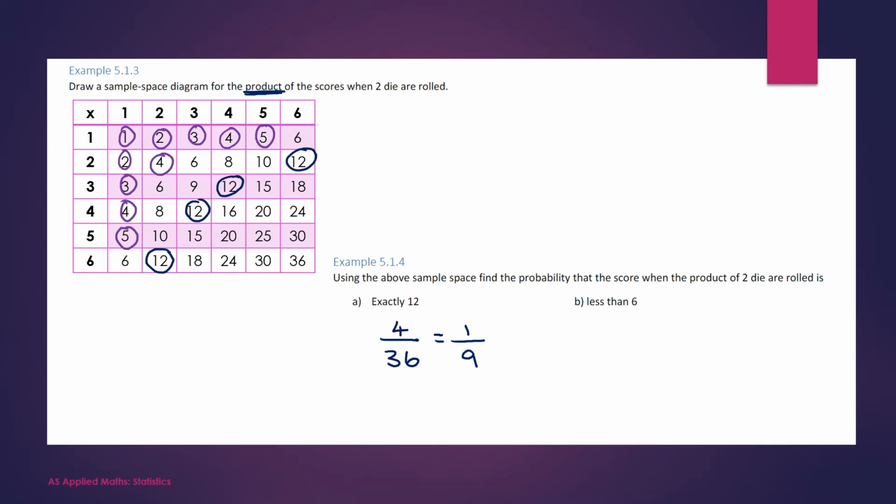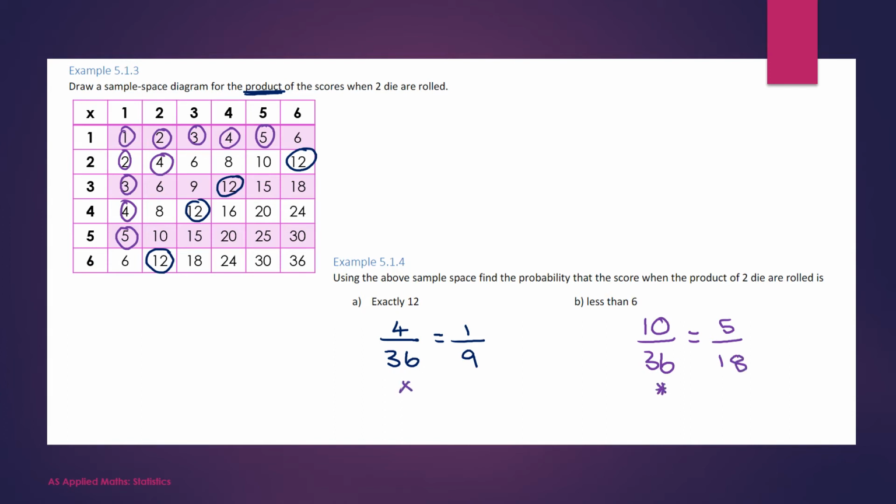And then checking everywhere else, so the 6, we've covered it. So I've got 10 out of 36. We just put the number that we've got in total on the numerator, and the total number of outcomes on the denominator, and then we can simplify that down to 5 over 18.